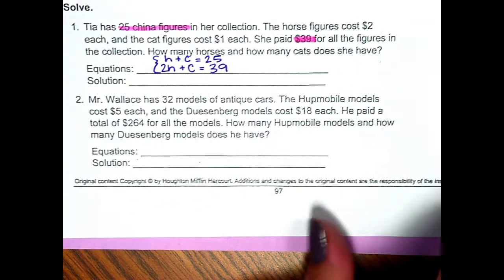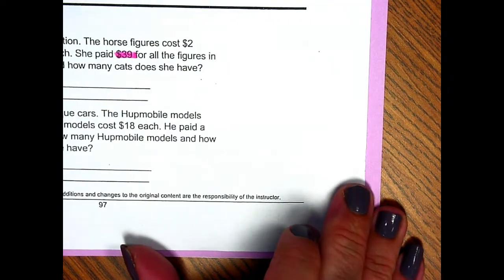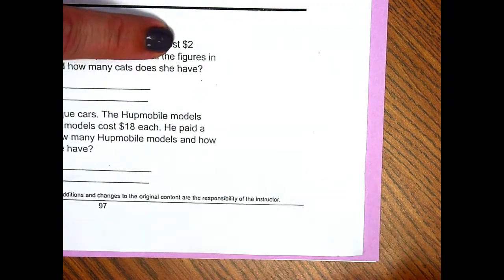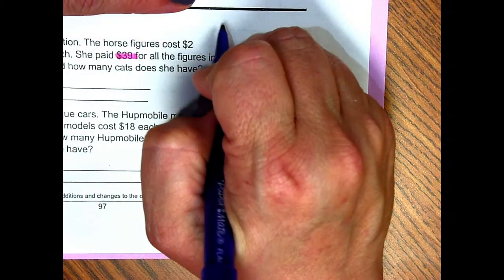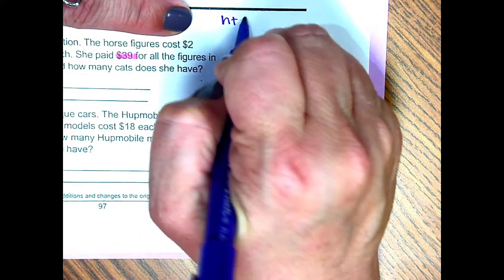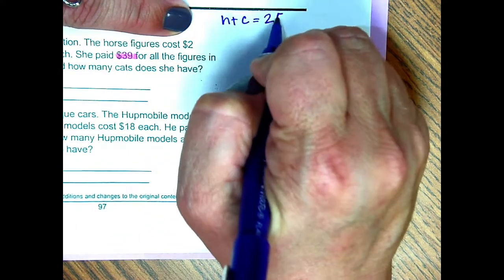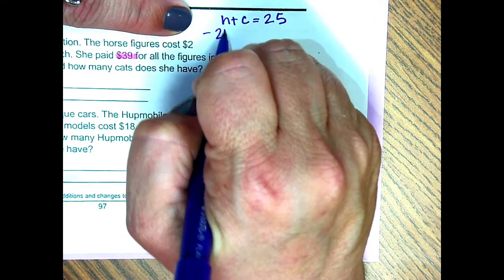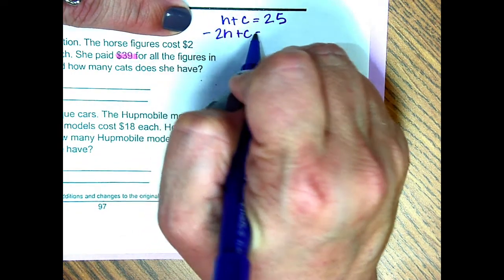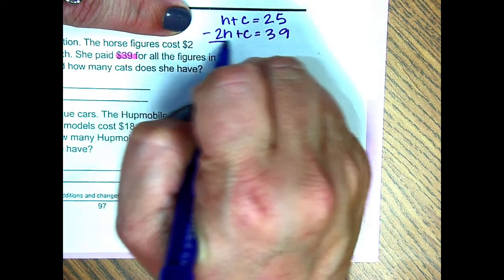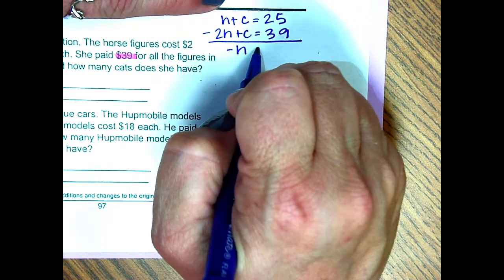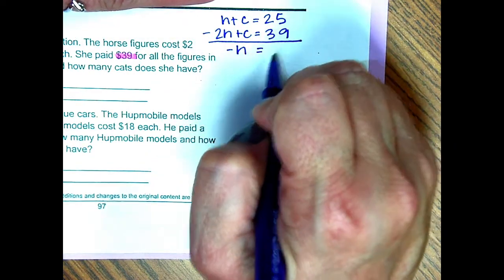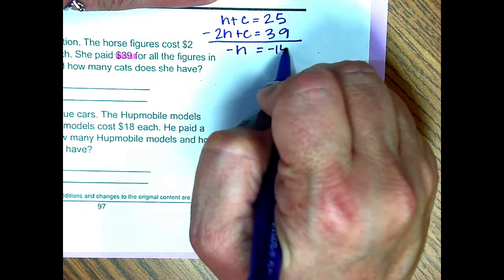Okay, and I'm going to go off to the side here and solve. All I need to do is subtract them because the C's are both single. So I have H plus C equals 25, and I'm going to subtract 2H plus C equals 39 from it. H minus 2H is negative H, C minus C is 0, and 25 minus 39 is negative 14.